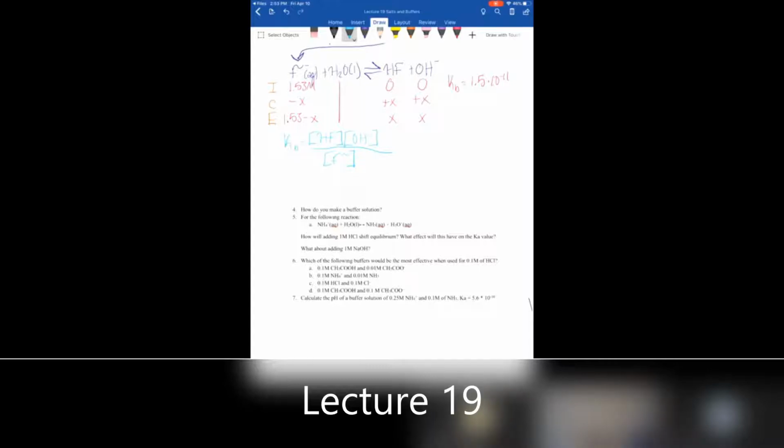So 1.5 times 10 to the negative 11 equals x squared over, because the Kb is so small, you can ignore the x, so just 1.53.